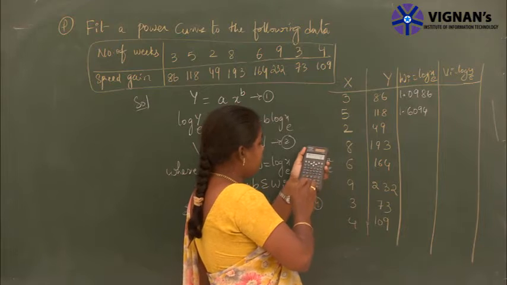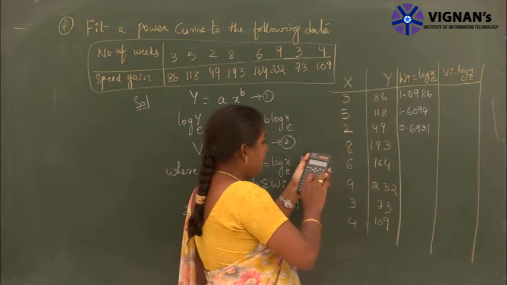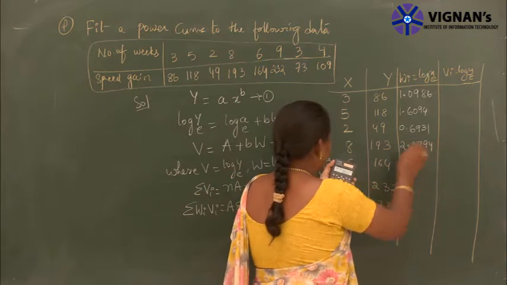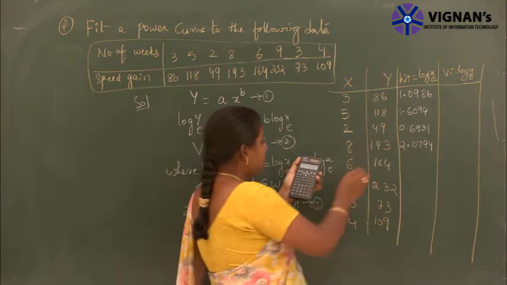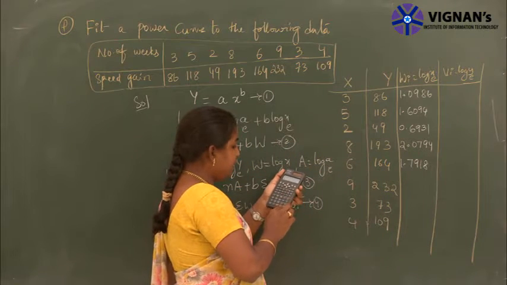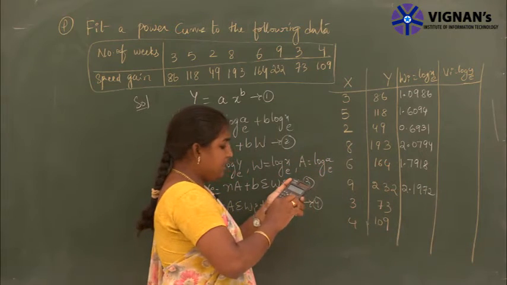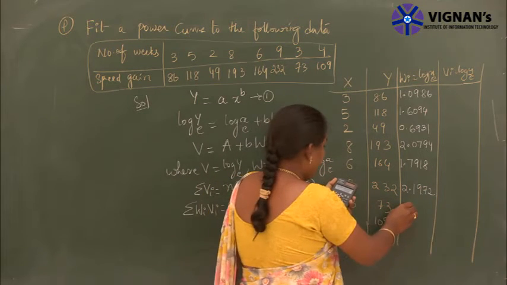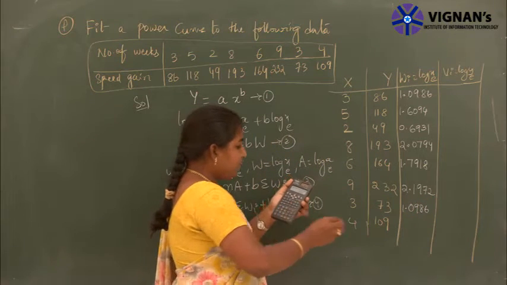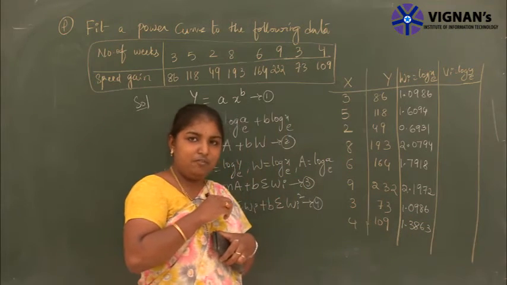Next ln 2, 0.6931. ln 8, 2.0794. ln 6, 1.7918. ln 9, 2.1972. ln 3, 1.0986. ln 4, 1.3863. And next we are finding Vi.